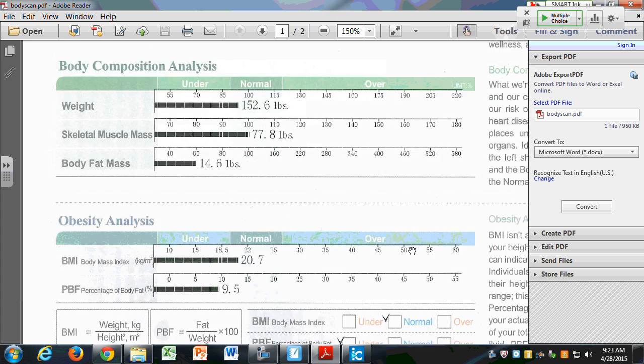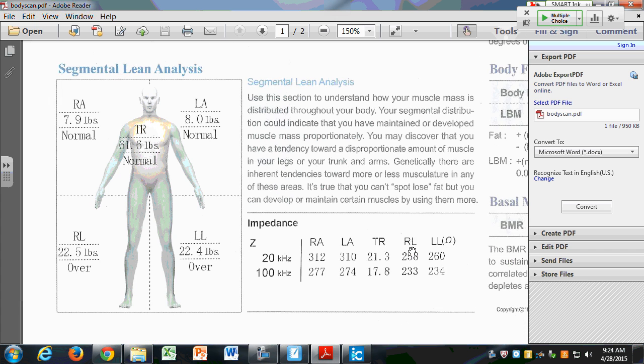So it also tells you your skeletal mass and whether it's where it's supposed to be. Here I have normal muscle mass in my arms and in my trunk, but my legs are over, so I have too much muscle mass in my legs, because I cycle a lot, right?